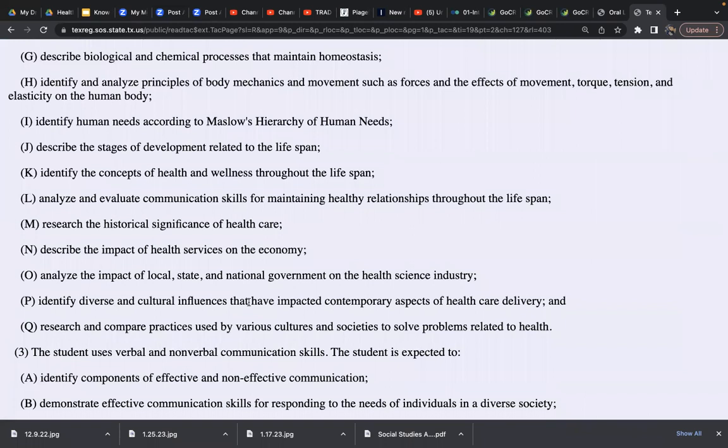For instance, this is an example of one of the skills: identifying diverse cultural influences that have impacted contemporary aspects of healthcare delivery. That's a very specific skill. Students have to be able to identify these particular markers that lead to a different outcome in the delivery of healthcare.